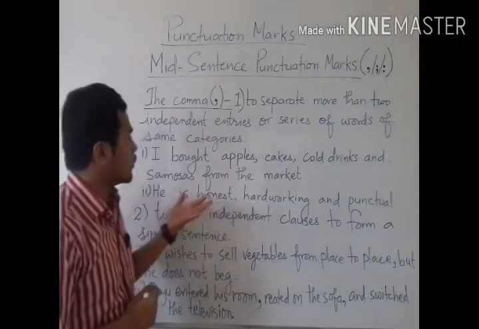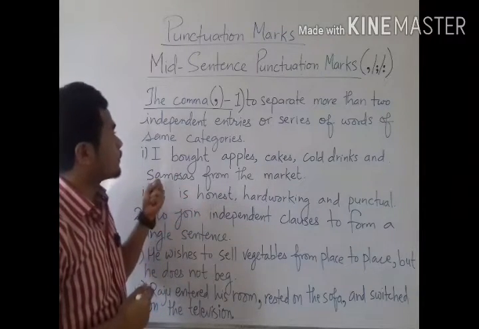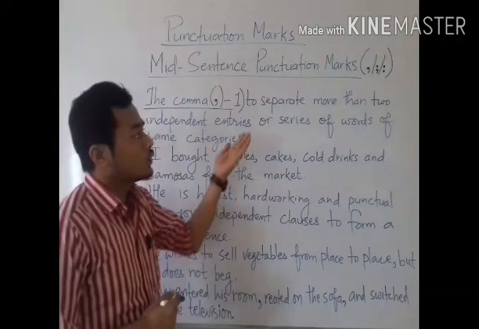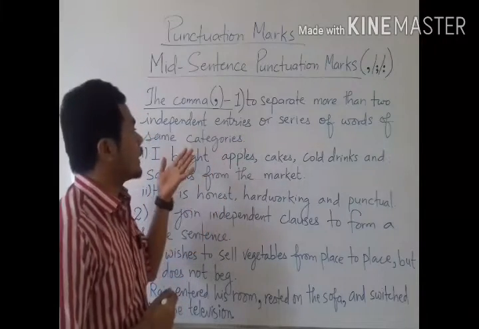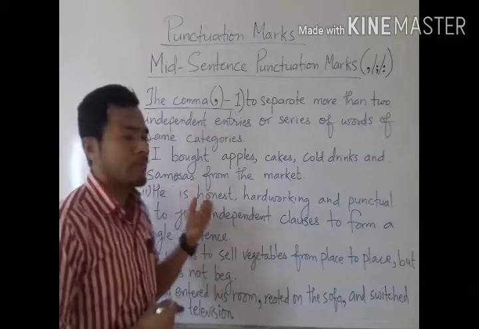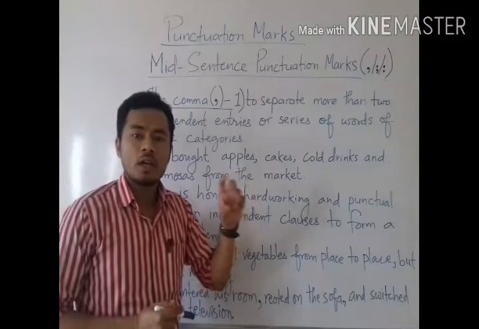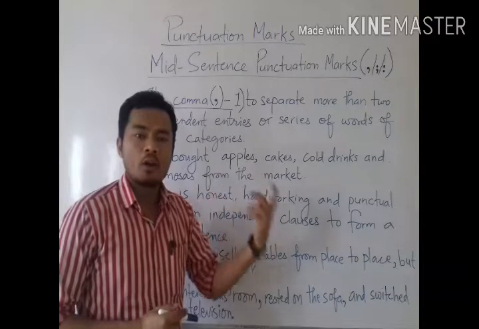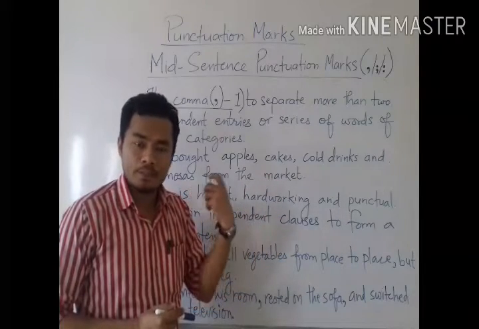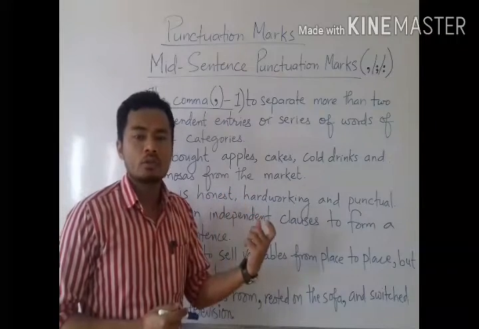So I have written on the board condition number 1: comma is used to separate more than two independent entries or series of words of the same category. See, if we put a series of words that belong to the same category, in that case also we have to use comma.